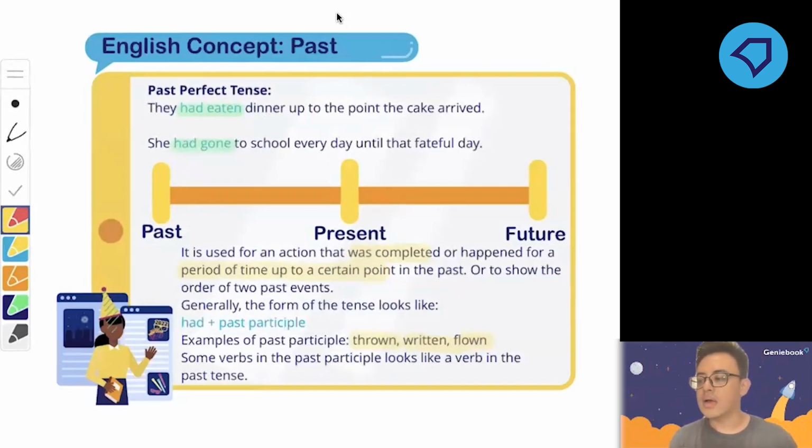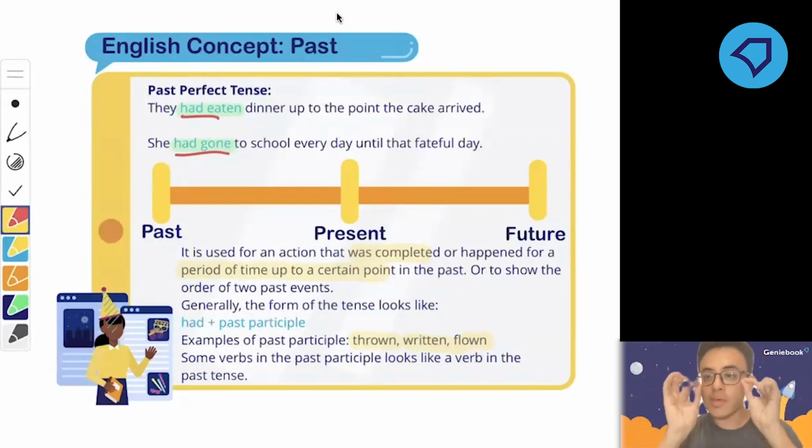They had eaten dinner up to the point where the cake arrived. Or she had gone to school every day until that fateful day. The past perfect tense is a special tense, because it wants to emphasize an action ending. The past perfect tense emphasizes an action that has ended.